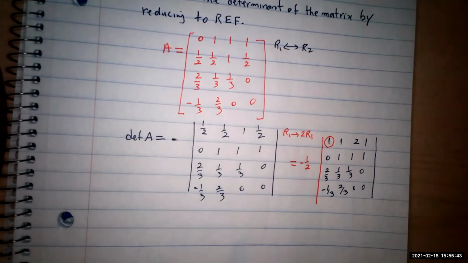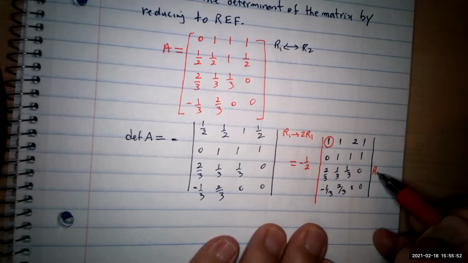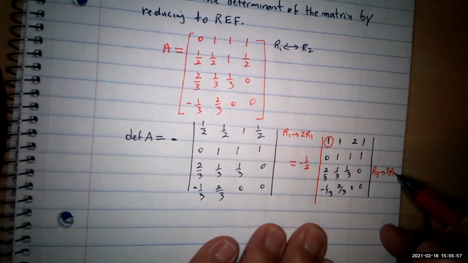To take care of the other rows, you can take care of the fractions quickly first. To get rid of the fractions in this row, you multiply R3 by 3. If you multiply by 3, for the determinant you have to divide by 3.